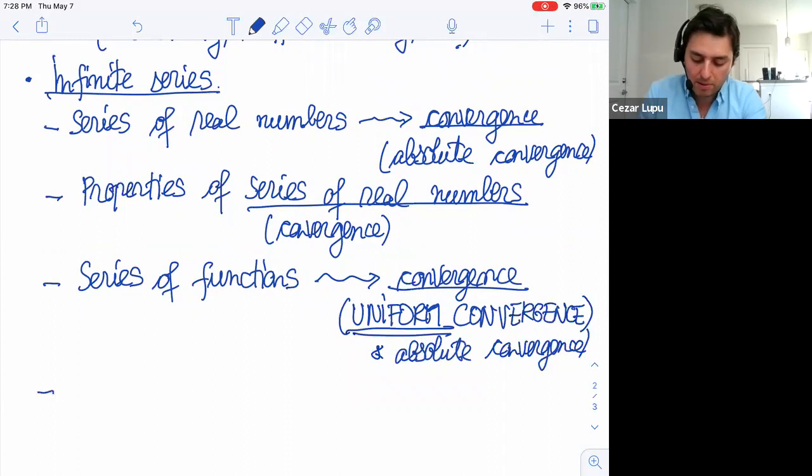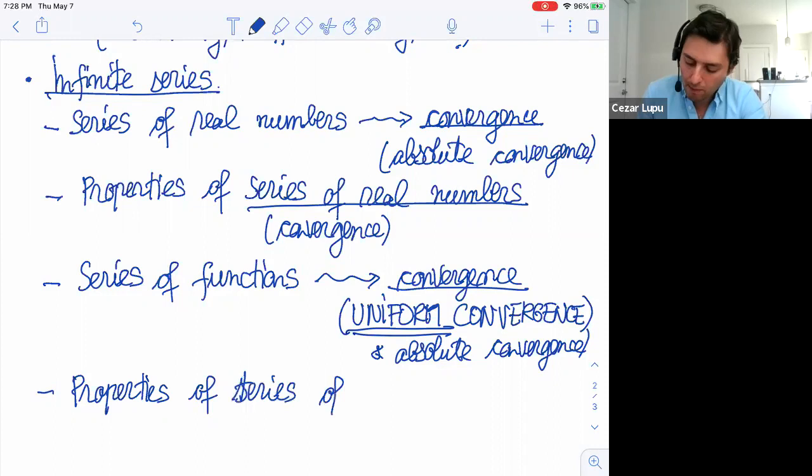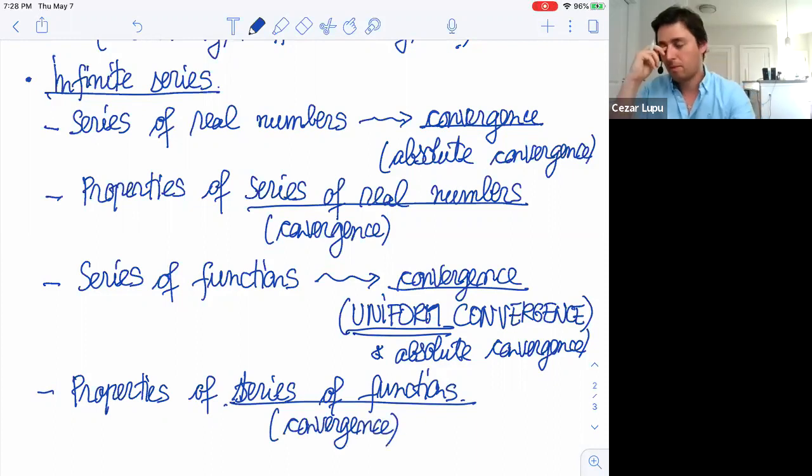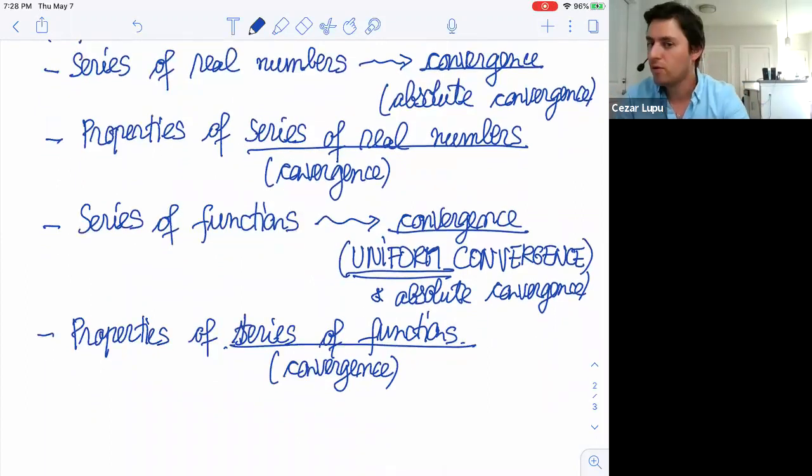We've seen some properties of series of functions, convergence again. And of course, I gave you criteria for this, and we'll see more applications. So that's the material for this semester.